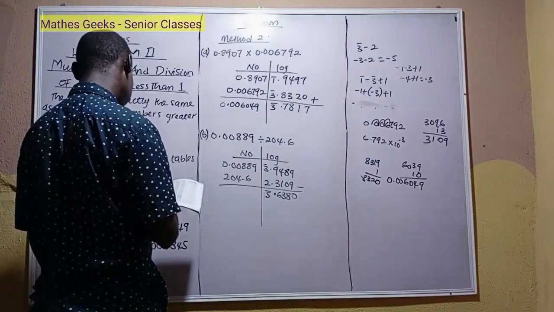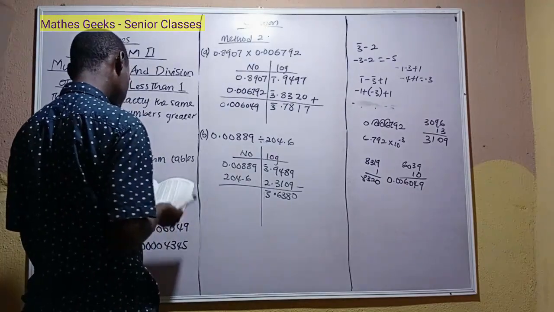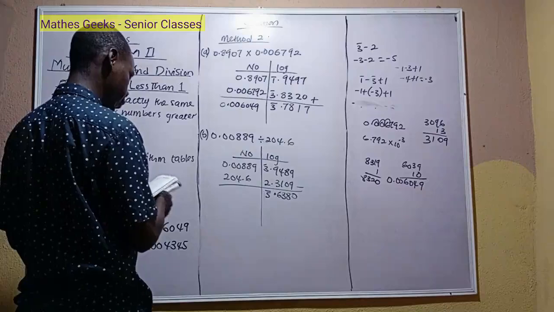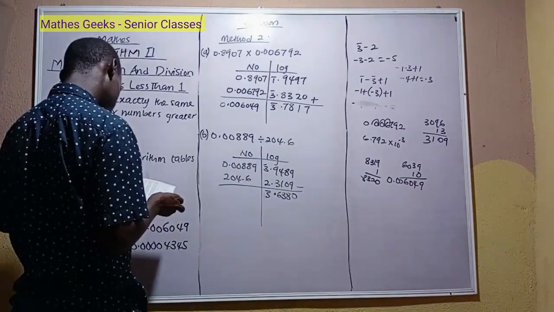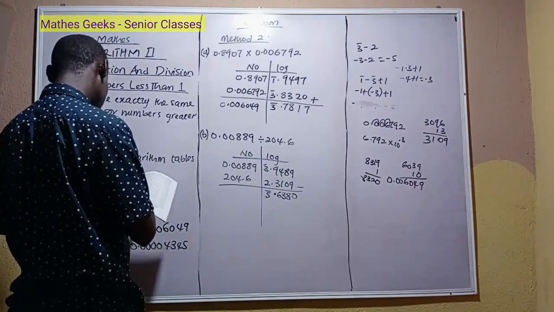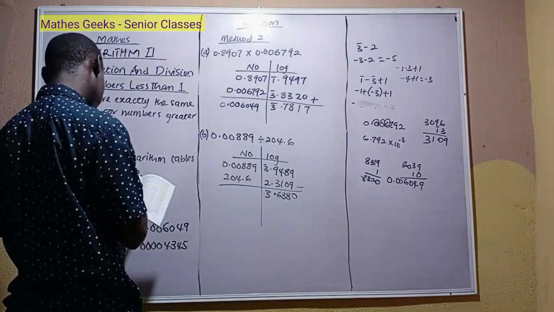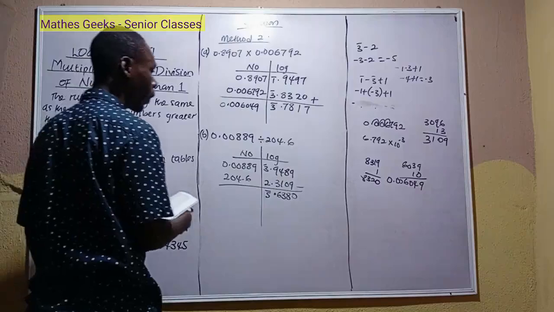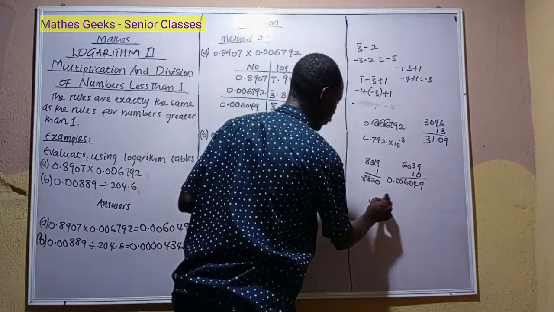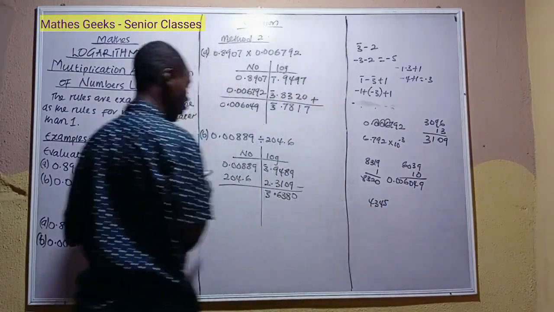0.63 under 8 is 4345. So what does this imply?